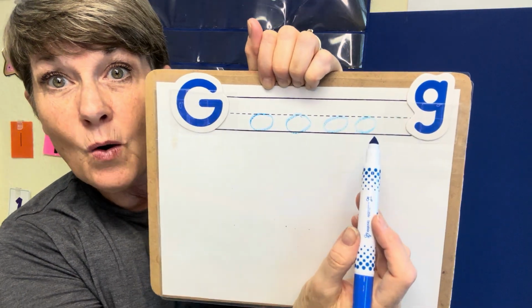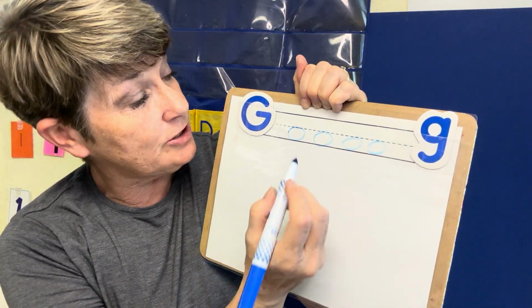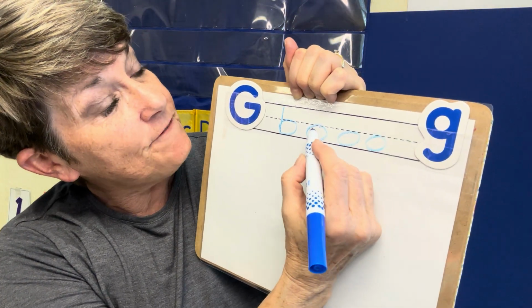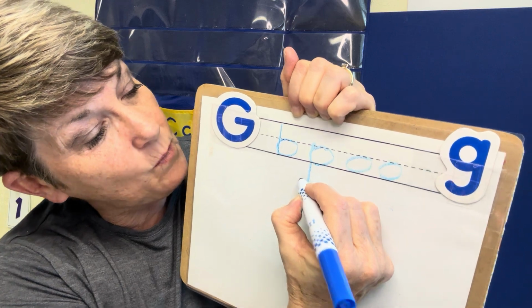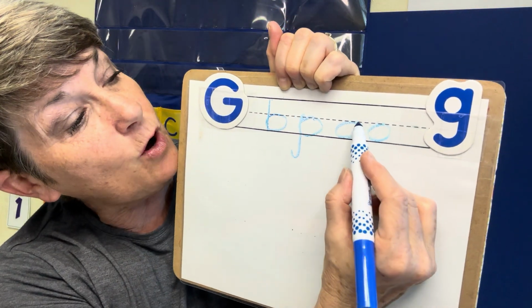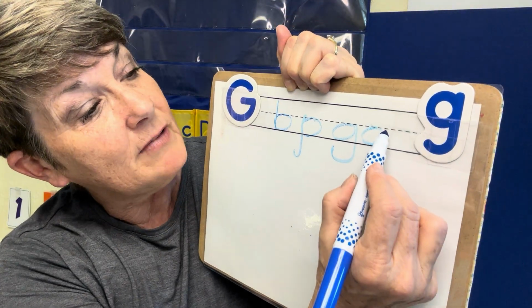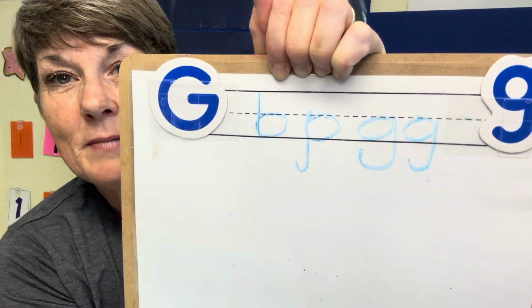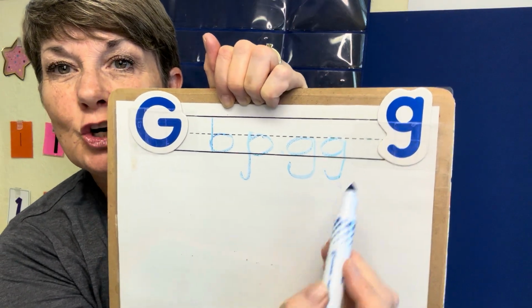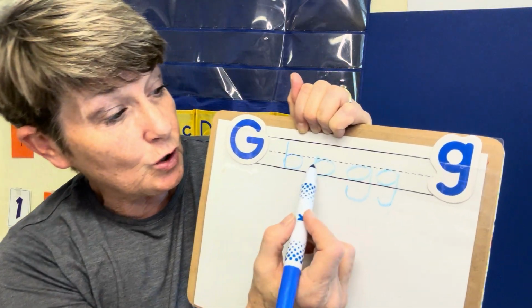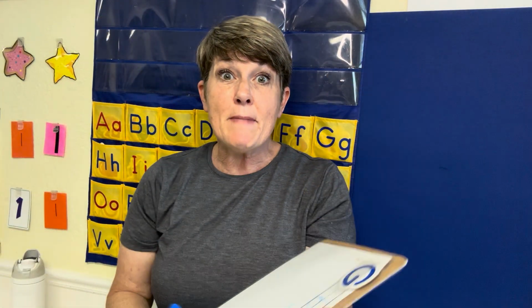Now, only one way to put the stick makes a G. If I did a tall stick like this, that would be a B. If I did one that went that way, that's a Q. But if I go this way and go underneath the circle, that makes a G. Underneath the circle makes a G. Can you see that? It's curling underneath the circle, not away from the circle. So where you put your stick really, really matters when you're writing a letter G. That way you know it's a letter G instead of a different kind of a letter.